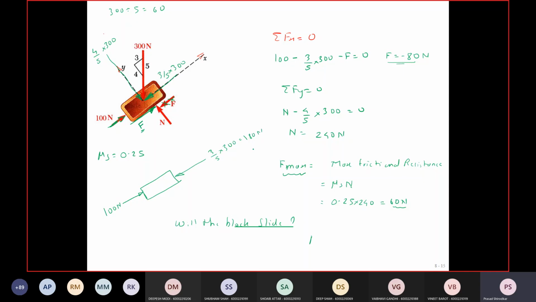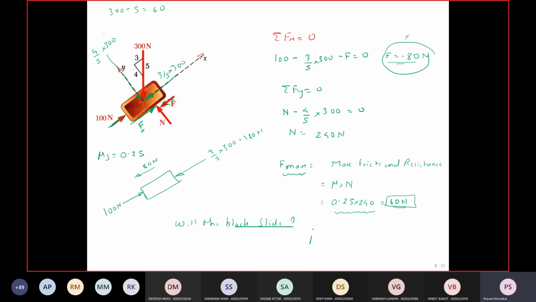Correct? So the resultant force acting on this block is 80 newtons. So it is not in equilibrium. The resistance that should be offered by this surface should be at least 80 newtons to stop this block, but the maximum resistance this surface can offer is only 60 newtons. So this is not your frictional force.